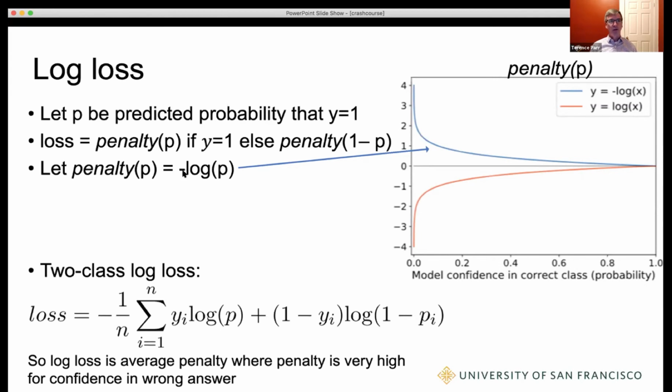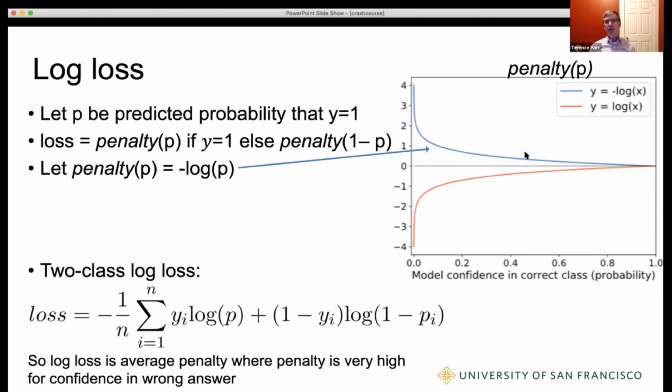It turns out that if you use a penalty of minus log of whatever that probability is, you get this. So here's log, we know what that looks like. Now the negative, of course, is just this. Now think about it. If we know that the truth is a 1, and we predict it's a 1 with high probability, we want this loss to be really low.